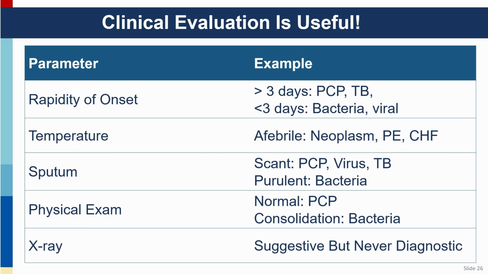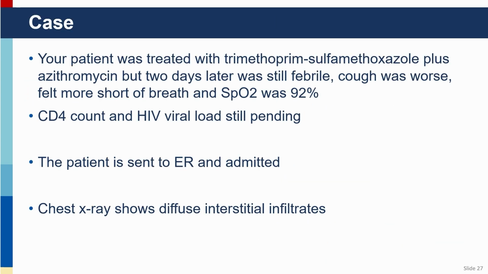Sputum is helpful. Is it purulent? That's probably not pneumocystis. If it's scant, you're thinking of a virus or pneumocystis. If you examine your patient or do bedside point-of-care ultrasound, and they have a lobar pneumonia, it's probably not pneumocystis. And Roger wanted an X-ray, but they're at best suggestive and not diagnostic.